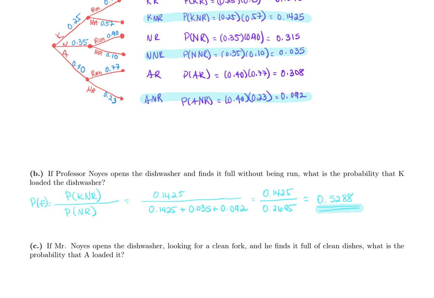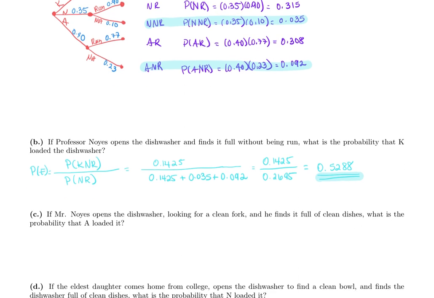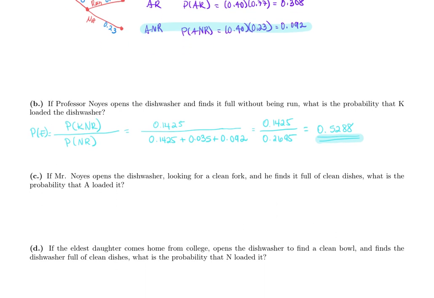So for this one, we have a new event, and the probability of that event is going to be the probability that A loaded and ran it divided by the probability that it was run.